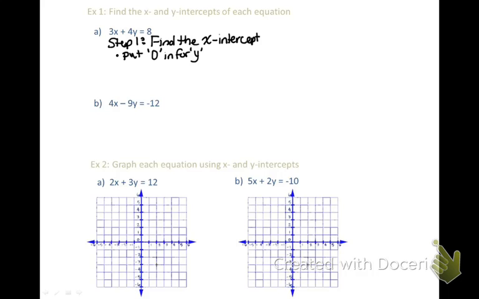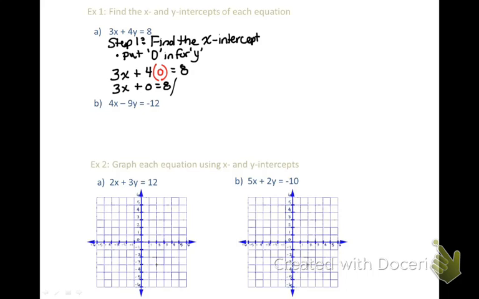So if we look at this one, we're going to have 3x plus 4y equals 8. And then we're going to do 3x plus 4 times 0 is 0 equals 8.